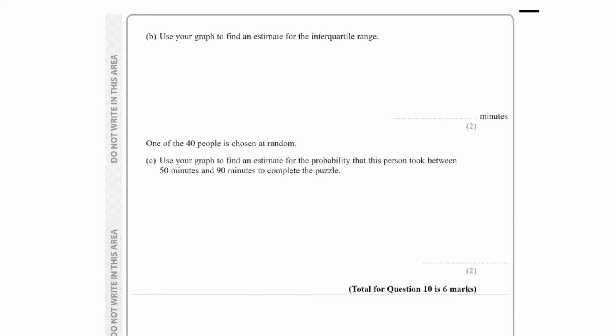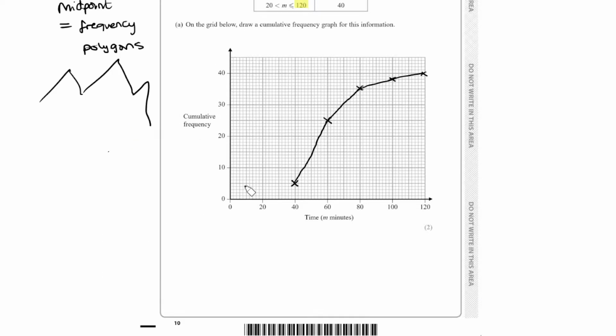Okay, I think there was a part B and a part C. Use your graph to find an estimate for the interquartile range. So you need to know how to do interquartile range and median. It's the same logic, isn't it? The interquartile range is the upper quartile minus the lower quartile. The upper quartile you can think of as 75% or 3/4. Lower quartile is 25% or 1/4 of the y-axis. Median is the same.